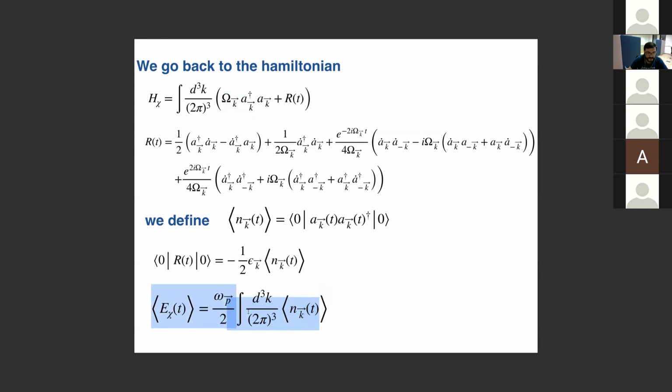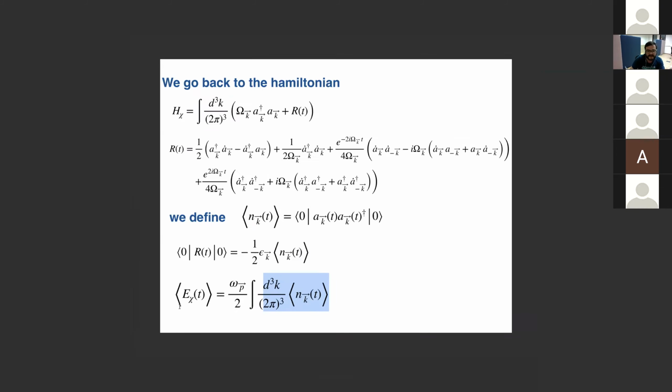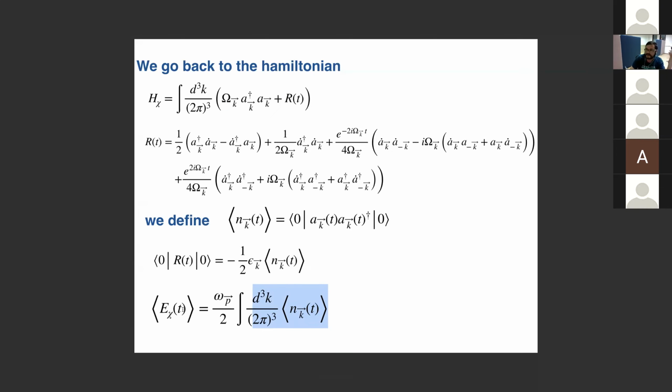This part is just the number of the produced particles, and they are multiplied by omega/2. Then, as the number of particles is twice the number of the decaying particles, we can see that we have energy conservation: this energy is exactly the energy that the field lost.